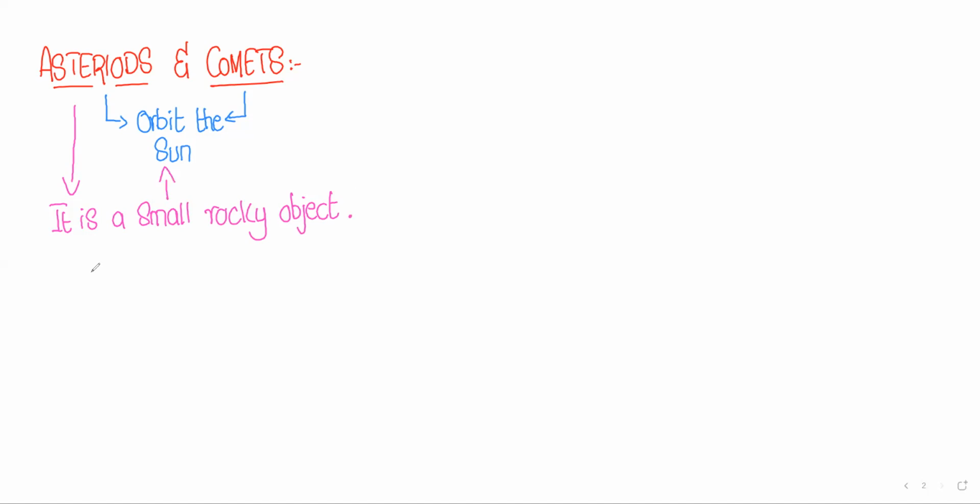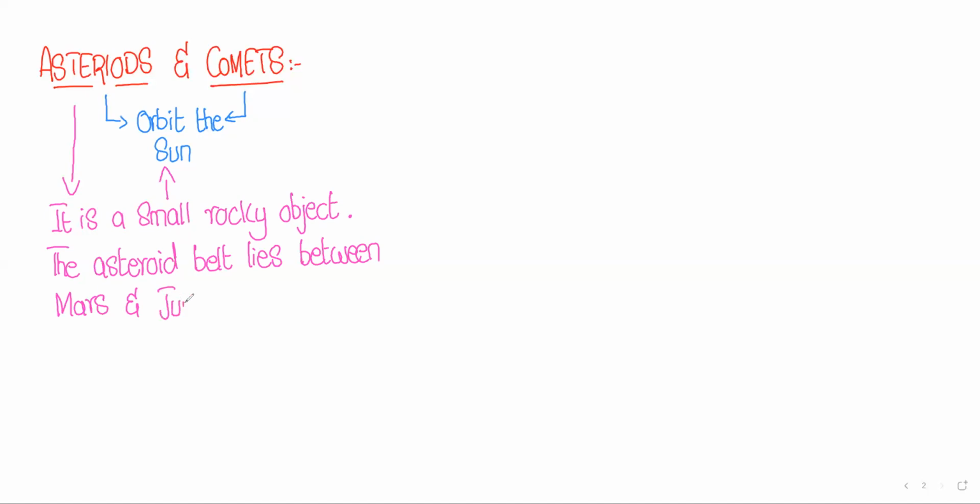And further, the asteroid belt lies between Mars and Jupiter. So most of the asteroids are over there, between Mars and Jupiter in our solar system.